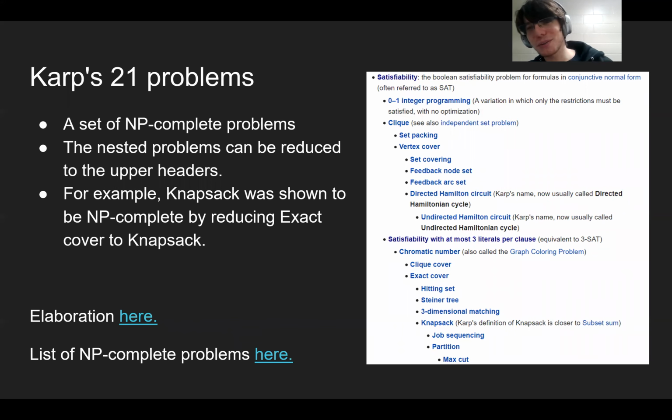Well, it's not polynomial with respect to the number of inputs. It's polynomial with respect to the size of the input's numeric value, or the size of the optimal solution, which doesn't really have to do with the number of elements in your input.